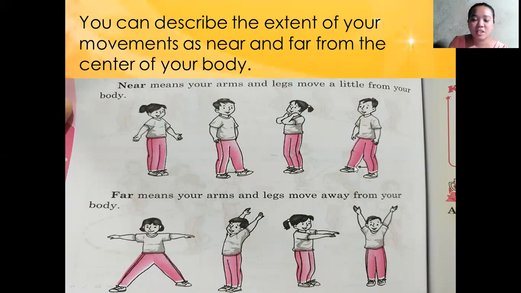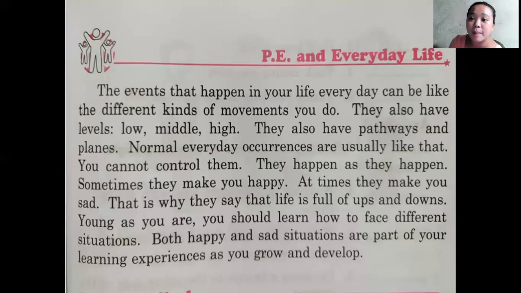Okay po? So, in our planes, we have what we call near and far. In levels of movements, we have the high level, low level, and the middle level. Pathways can be zigzag, curved, straight, or combinations.